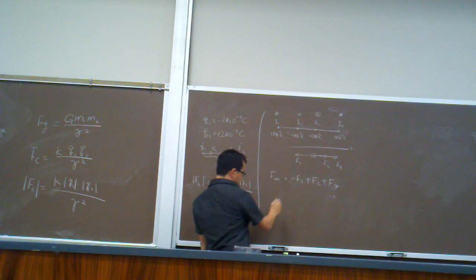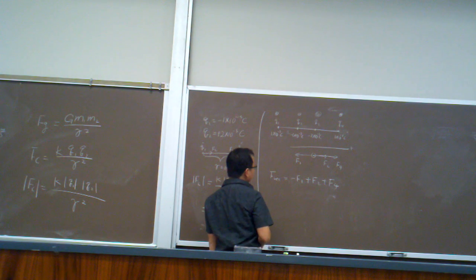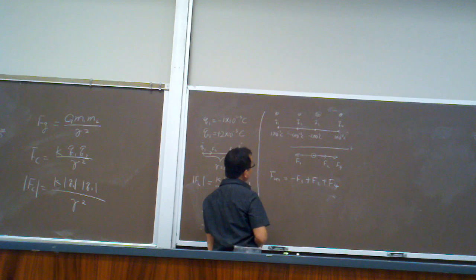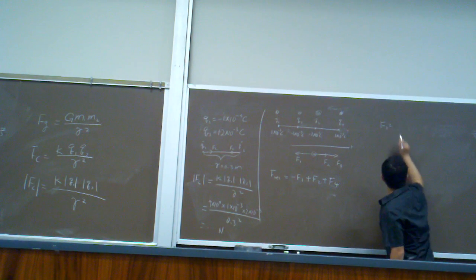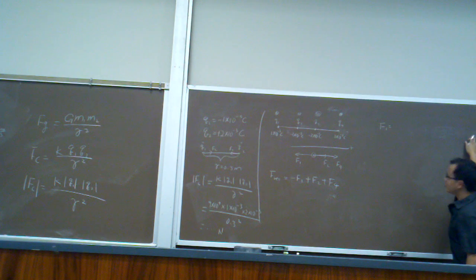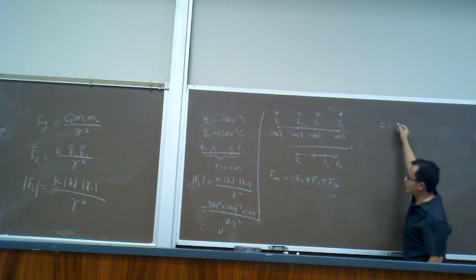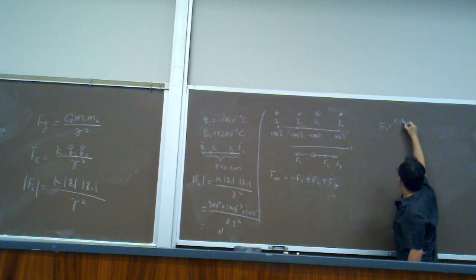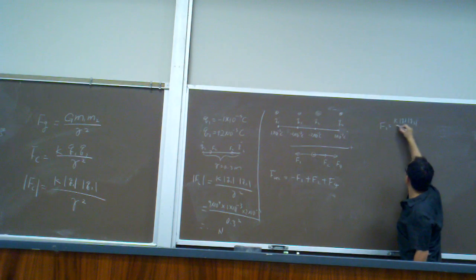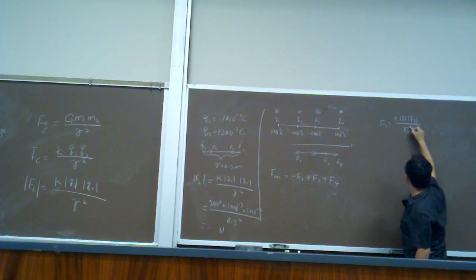Now to calculate F1, F2, and F4, let's look at F1. Here you just need to be careful about every number you put. It should be k Q1 Q3 divided by R13 squared, right?